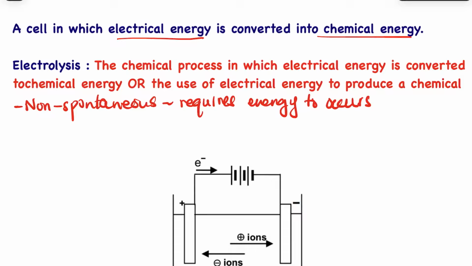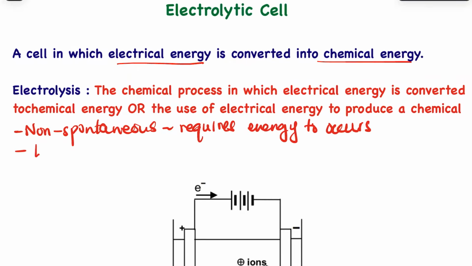Another important thing about the electrolytic cell is that it is endothermic. It needs energy, so there's an addition of energy. It's an endothermic reaction, meaning that our delta H is going to be greater than 0.